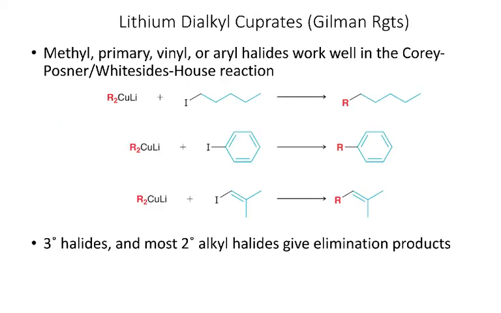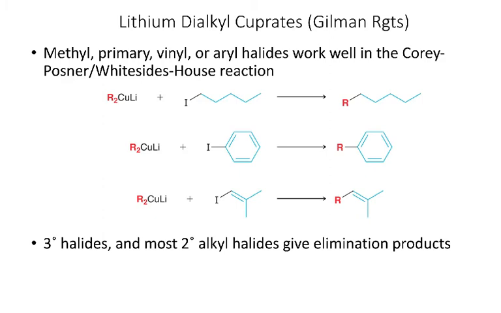So these Gilman reagents work best when I react them with methyl, primary, vinyl, or aryl halides. And so these are all good alkyl halides to react our Gilman's reagent with. It turns out tertiary halides and most secondary alkyl halides give elimination products.